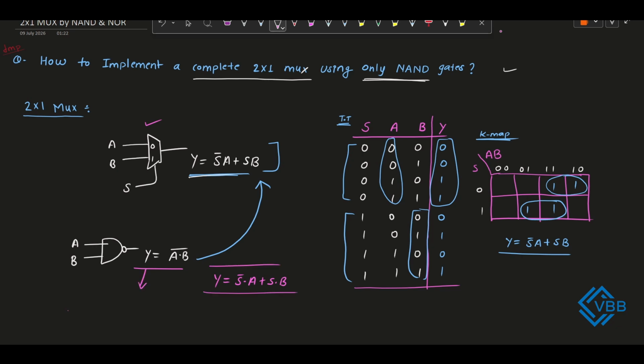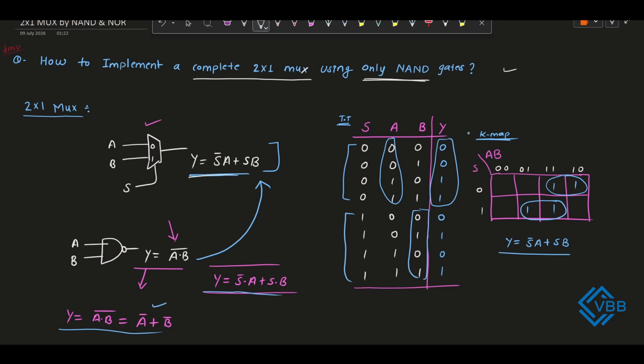As you all know, if you apply De Morgan's theorem to the output expression of the NAND gate, meaning if you expand this A into B whole complement, we get A complement plus B complement. Now if you observe the output expression of the NAND gate as well as the MUX, there is a similarity.